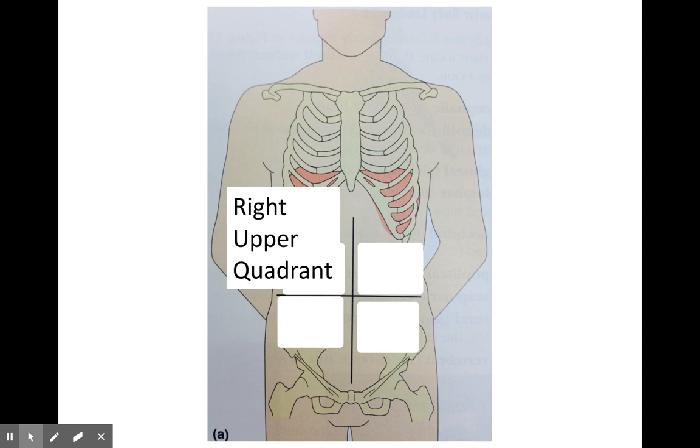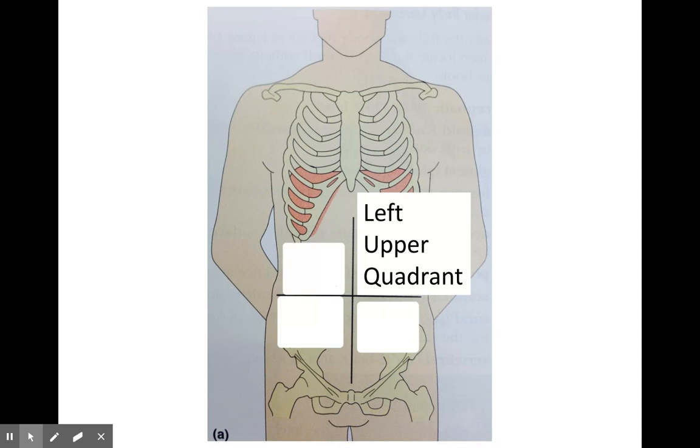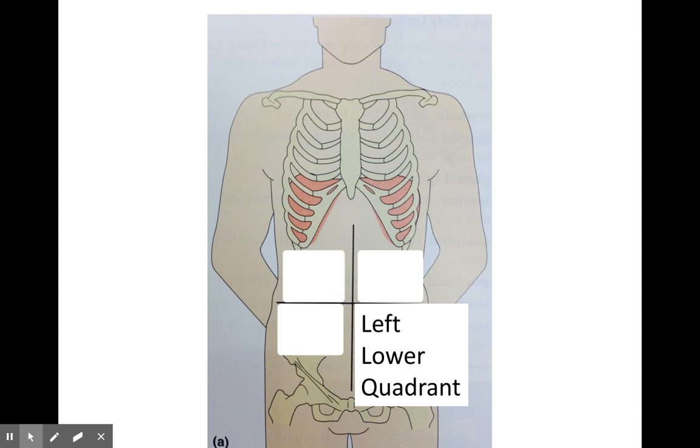So that is the right upper quadrant because it's the right side of that diagram in terms of the specimen. They're facing you. It's not your right side, it's their right side. So that's the right upper quadrant. Then we go right lower quadrant, left upper quadrant, and then obviously left lower quadrant.